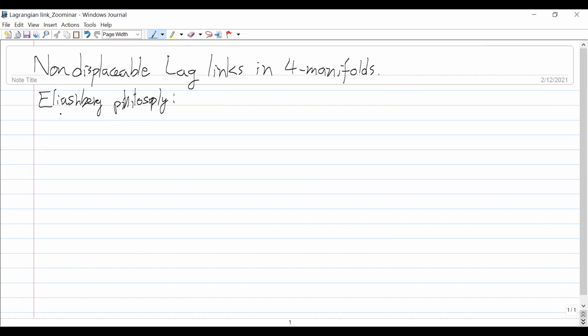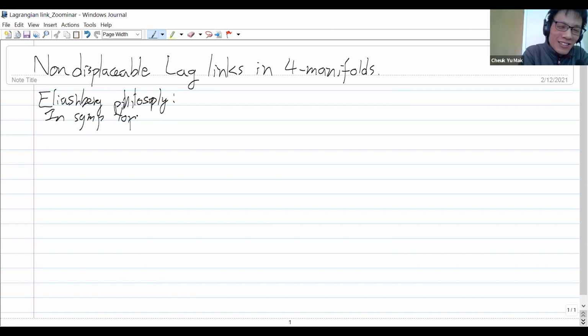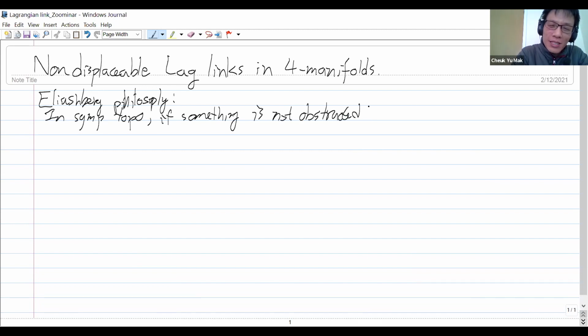He says that in symplectic topology, if something is not obstructed by J-holomorphic curves, then it should be flexible.